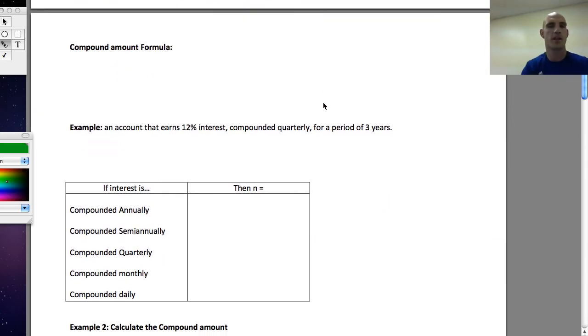Let's do an example. An account that earns 12% interest compounded quarterly for a period of 3 years. Well, what would it look like? We would need to find I, which is equal to annual interest rate over number of compounds, and that's per year.